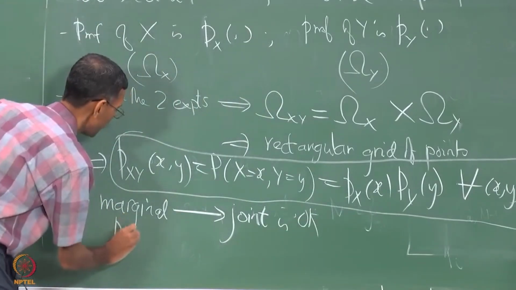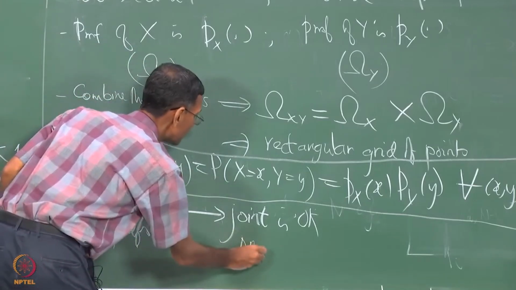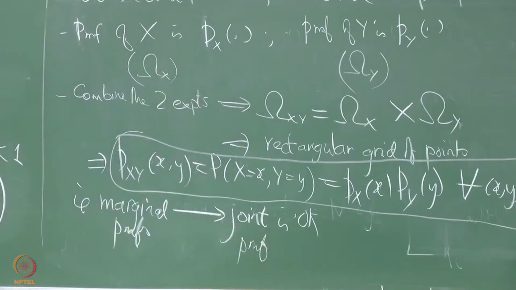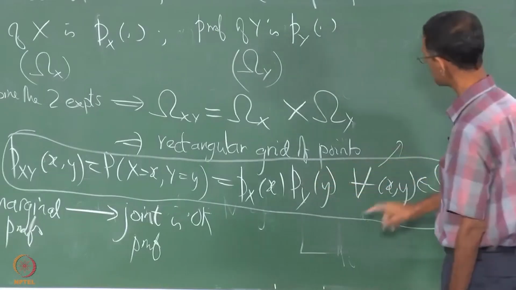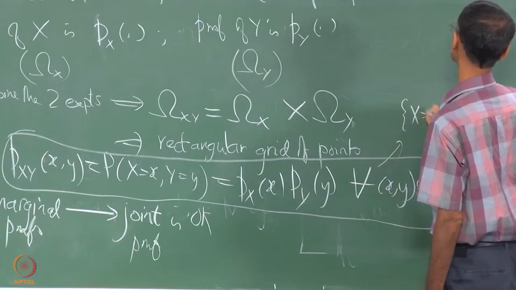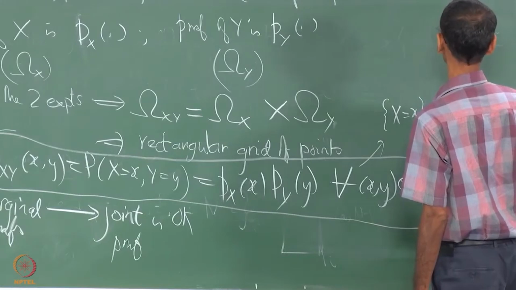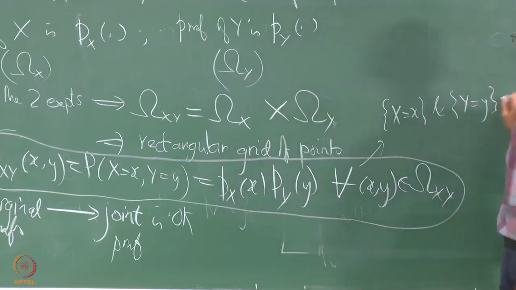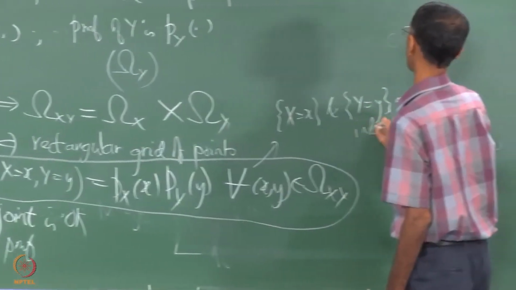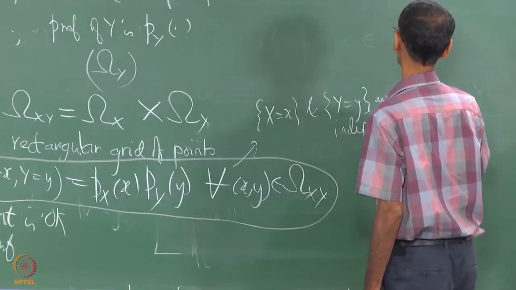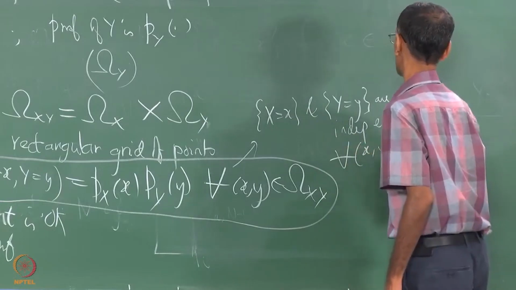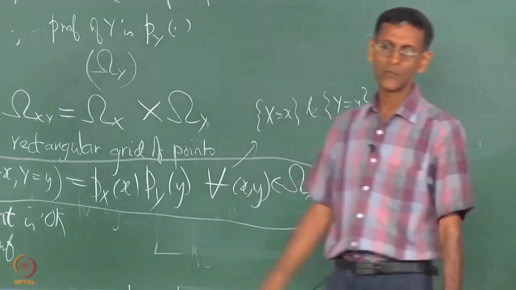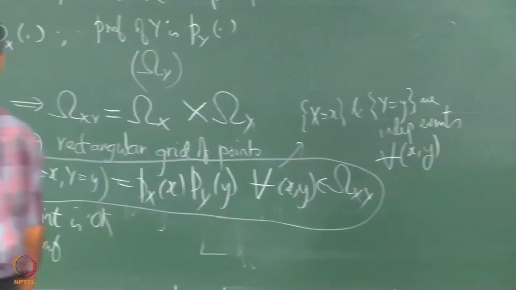The marginal PMFs and the joint PMF. So why do I get this once again? Because this equality comes because X equal to x and Y equal to y, again I write it because this is important, are independent events. Not just for some x and some y, but for all points x, y in omega xy, of course, which is obvious.